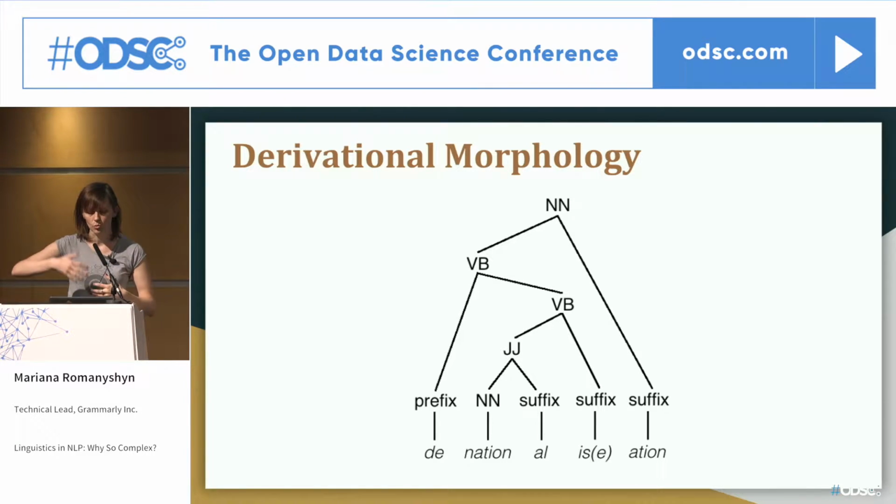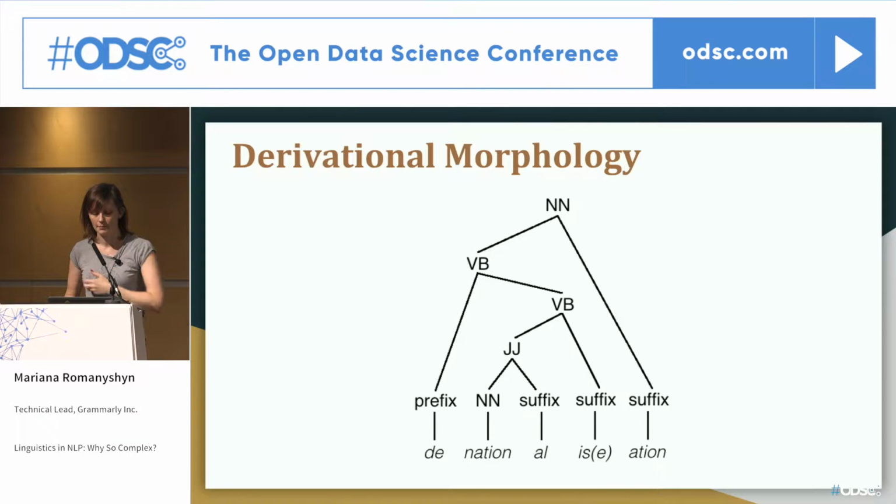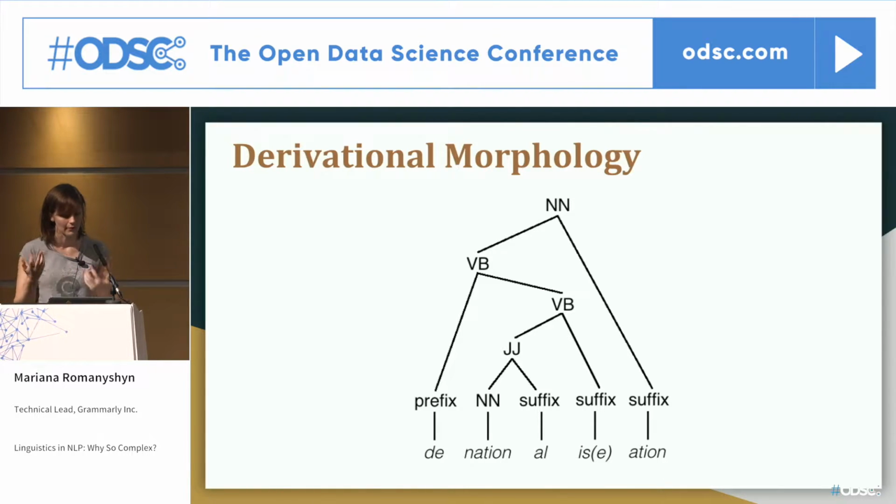To build this tool, you can either do a rule-based approach, which is frequently done, or you can do a sequence labeling model that will just mark the boundaries of morphemes in your words. And if you do that, you have your original word, you have the word that your word came from, and you can now count frequencies and word length for both of them.